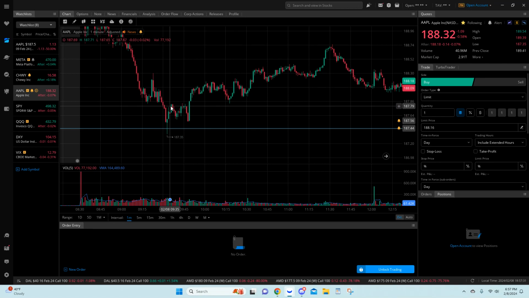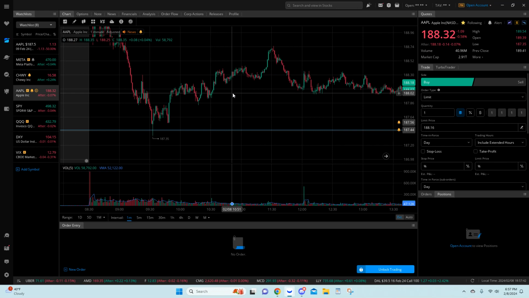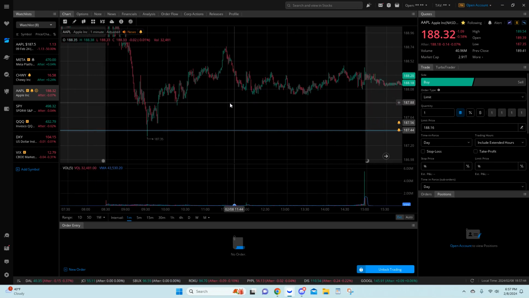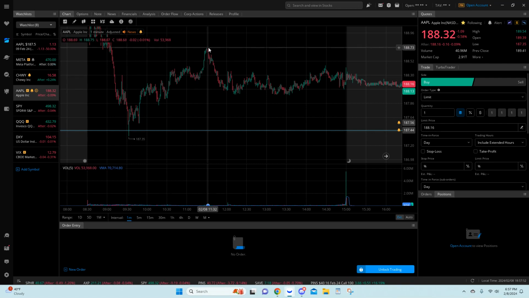Then we had a nice climb back up, and I ended up sizing out in here a little bit, and I'll tell everybody why. I said no re-entries, but looking at the overall movement of the stock here, there's your entry. We came up some more, obviously peaked here, almost a $1.30 move, and came back down and chopped throughout the day.